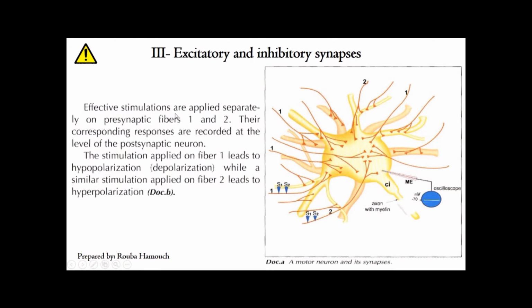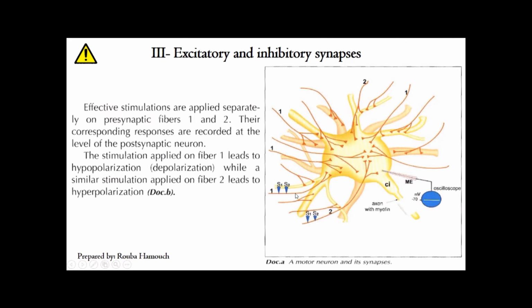Now, effective stimulations are applied separately on presynaptic nerve fibers 1 and 2 connected to this motor neuron. Their corresponding responses are recorded at the level of the postsynaptic neuron on this oscilloscope.